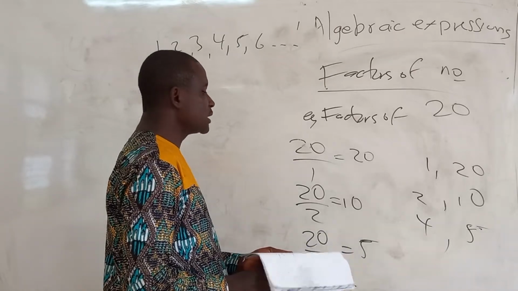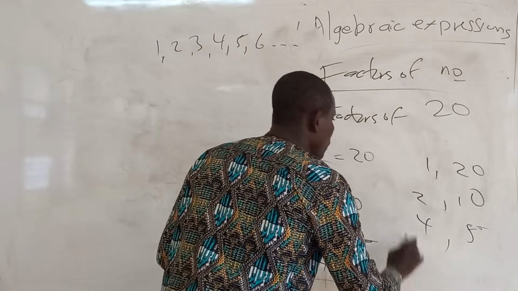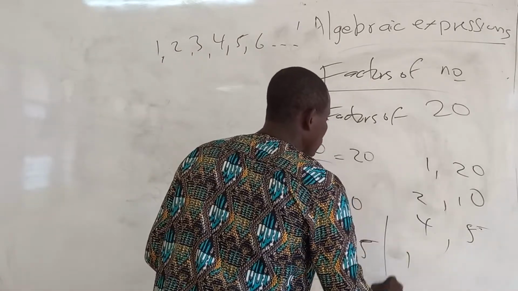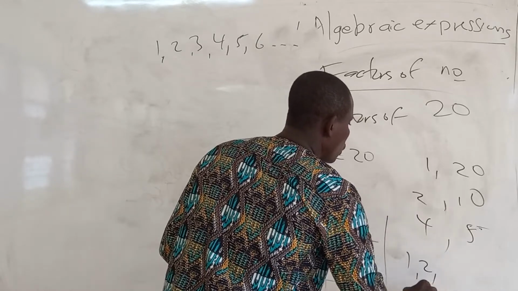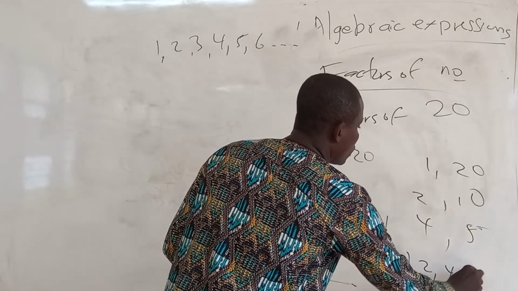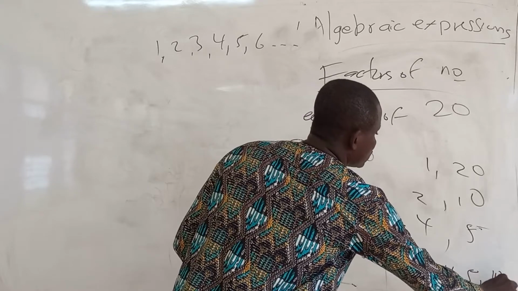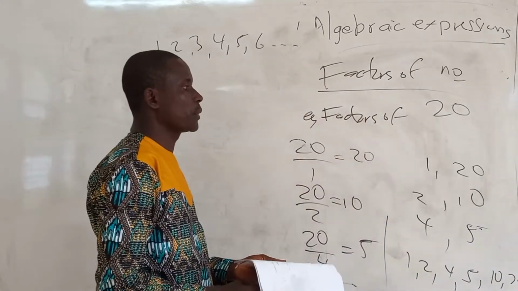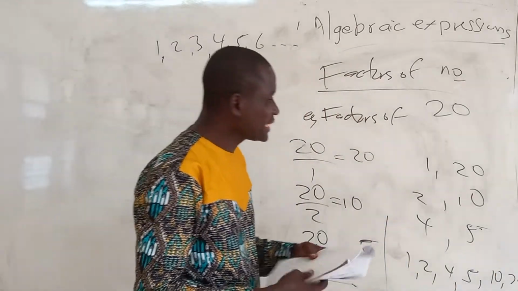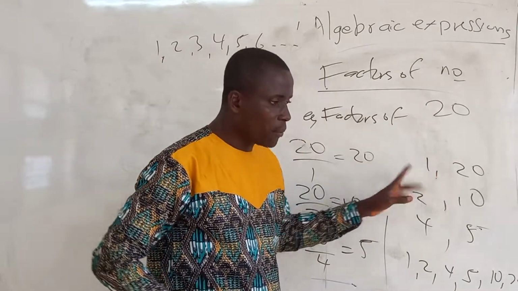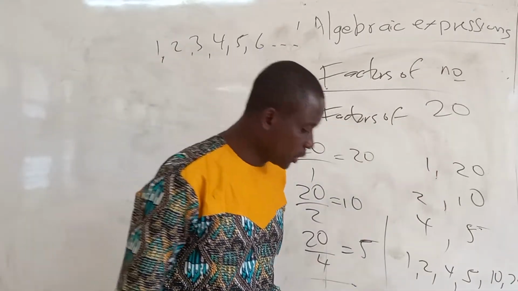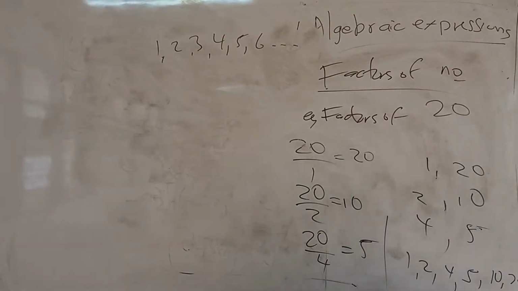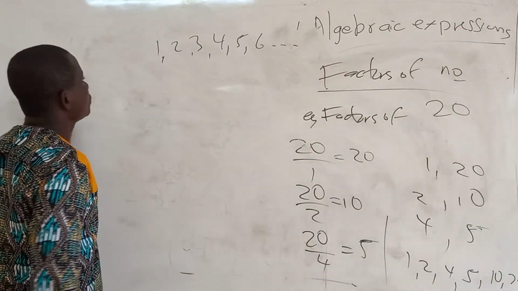So the factors of 20 are 1, 2, 4, 5, 10, and 20. I want you to pay particular attention to this one. We are going to use it for a purpose. Do you understand? We're going to use it for a specific purpose.